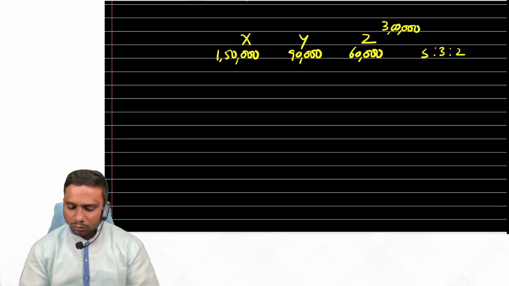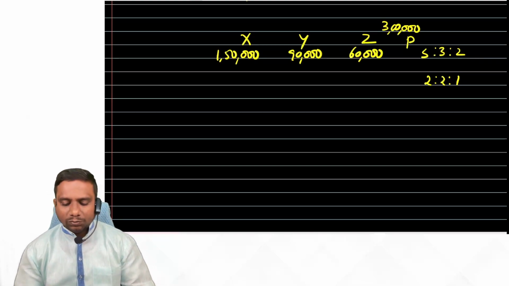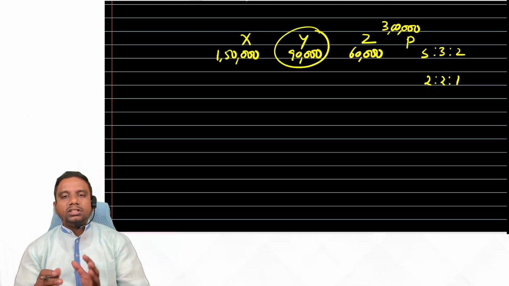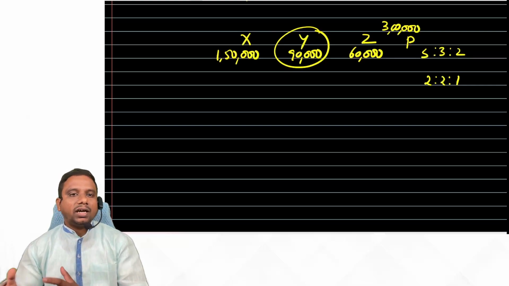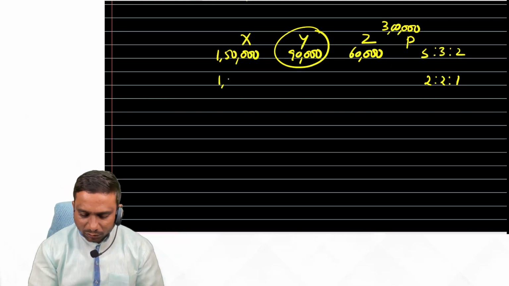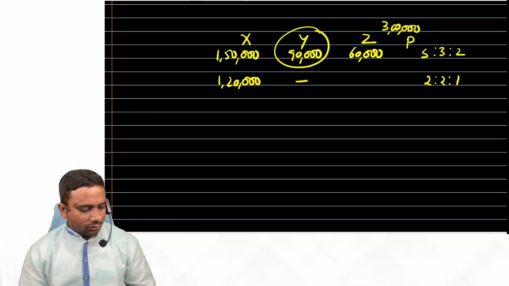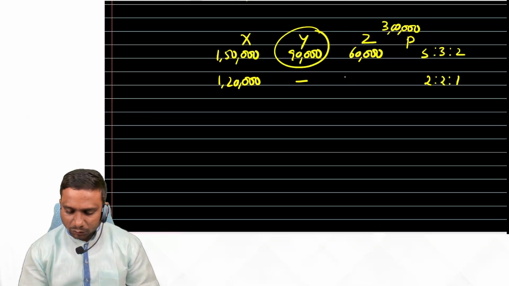Yes or no? Now the same 3 lakhs we write off in 2 to 1 ratio, except to Y. We distribute these 3 lakhs to X, Z and P in 2 to 1 ratio. 3 lakhs into 2 by 3 is 2 lakh, and here nil. Here also 1 lakh.